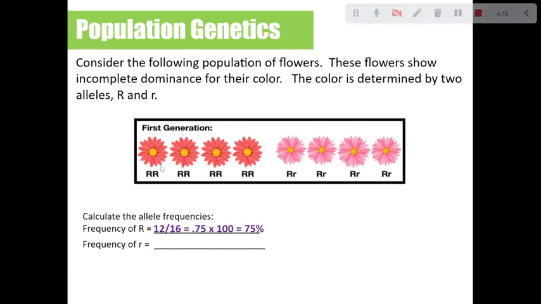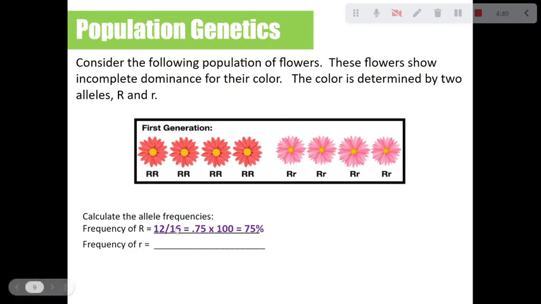Out of these 8 flowers, each flower will get 2 alleles to give us 16 alleles in total. We are looking for big R. So we have 1, 2, 3, 4, 5, 6, 7, 8, 9, 10, 11, 12.